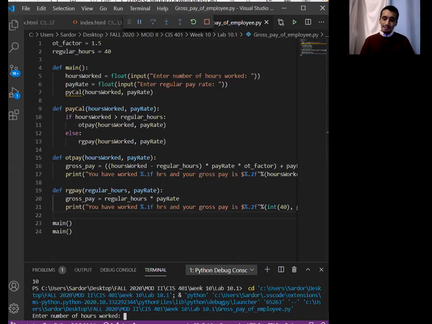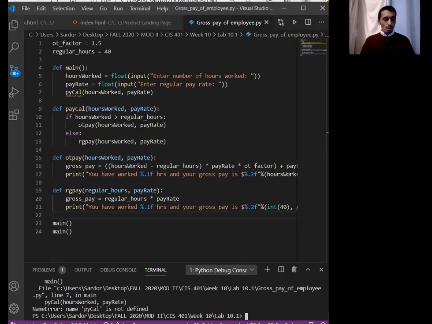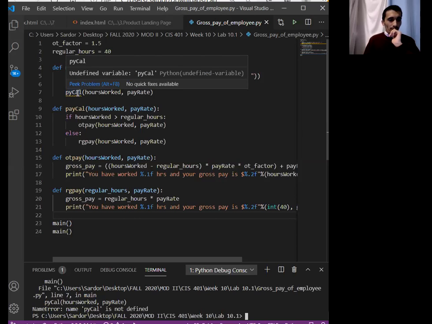Now let's go with enter number of hours worked, 40, and pay rate 20. Oh, what did I do? Let's look at line 7. Pay count. Undefined variable.